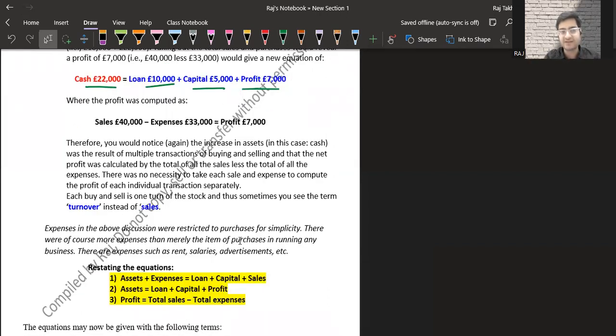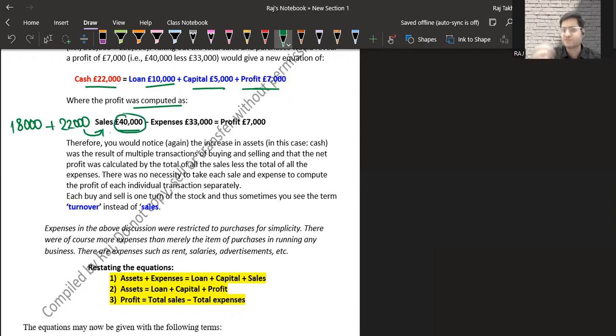If I want to summarize the entire transaction, I can say that my profit can also be calculated as follows. My sales in the first case were 18,000 pounds, then in the second case I did a sale of 22,000 pounds, which shot up my total sales to 40,000 pounds.